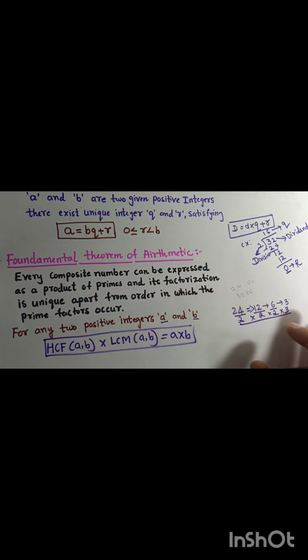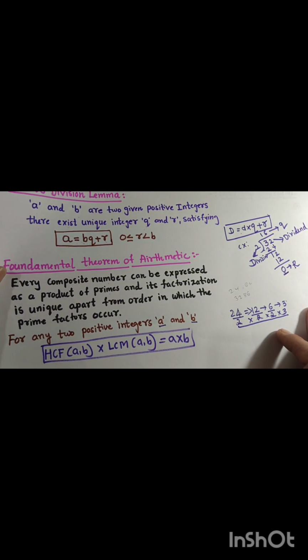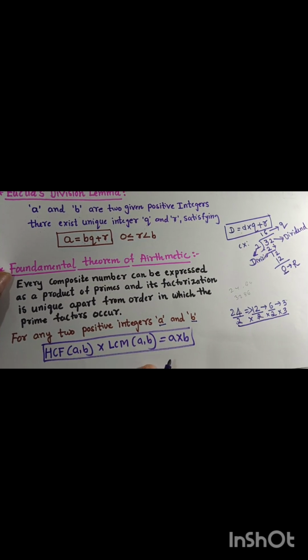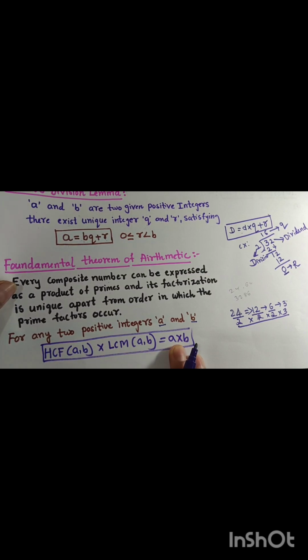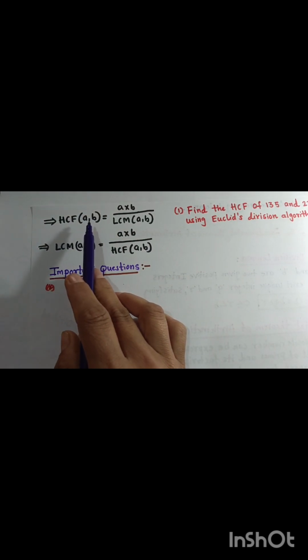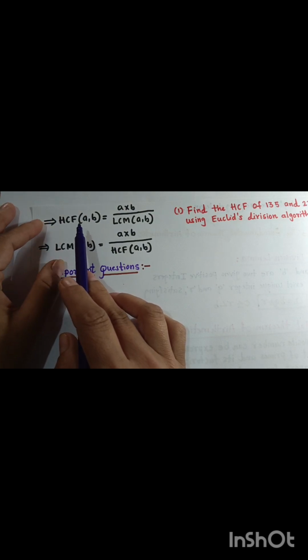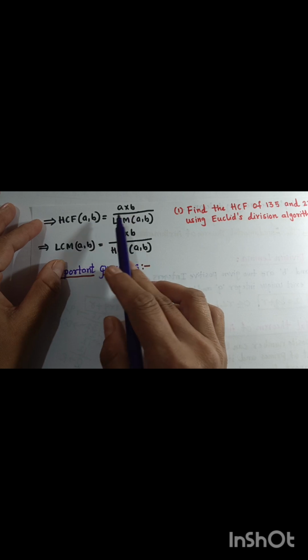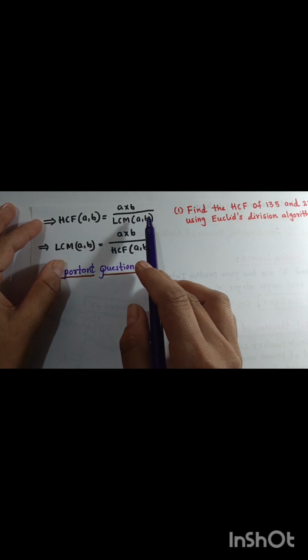So this is the fundamental theorem of arithmetic. Now using this formula, we write two more formulas. HCF of a and b: if you are finding the HCF of two numbers, that time a into b, the product of these two integers, divided by LCM of a and b.